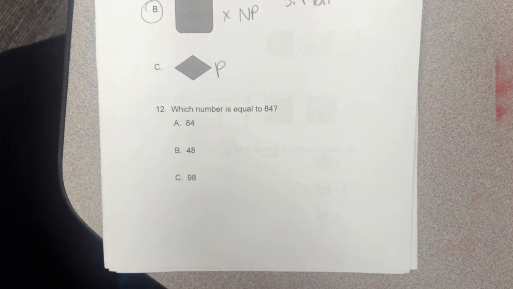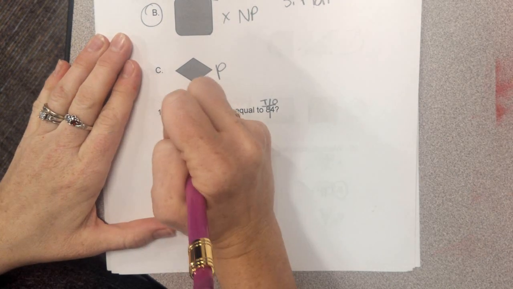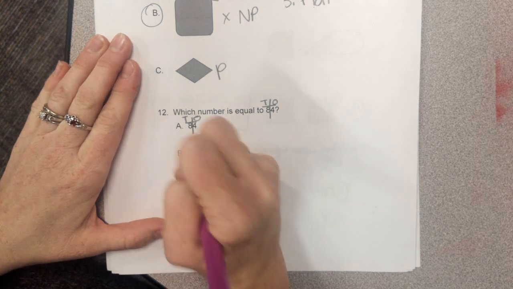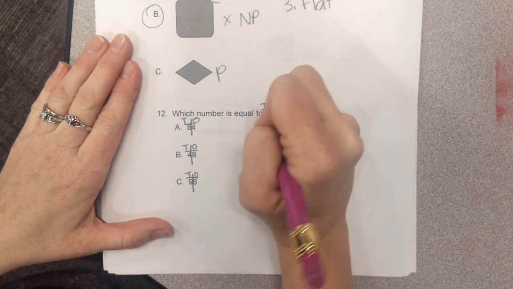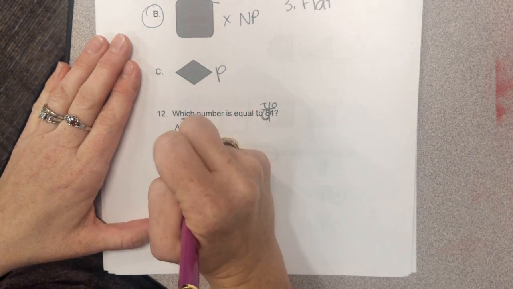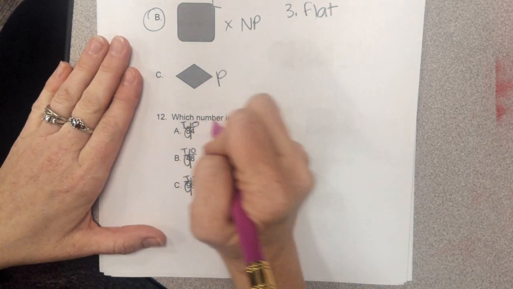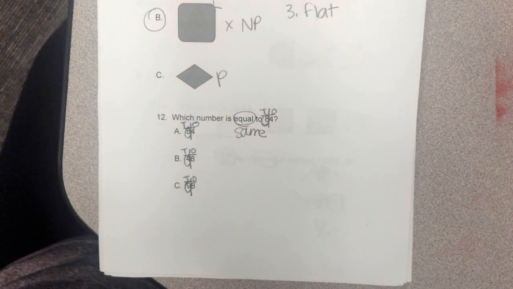Which number is equal to 84? Again, we want to start with our tens and ones chart on all of our numbers. And we always are looking at the tens place. So we say we want the 8, 8, 4, 9. We always got to start in our tens place. But we're looking for a number that is equal. Equal means the same.